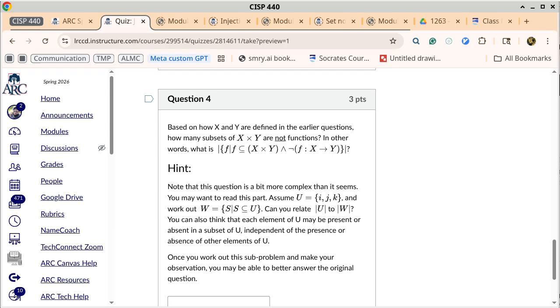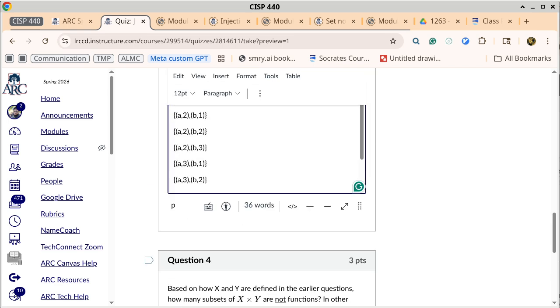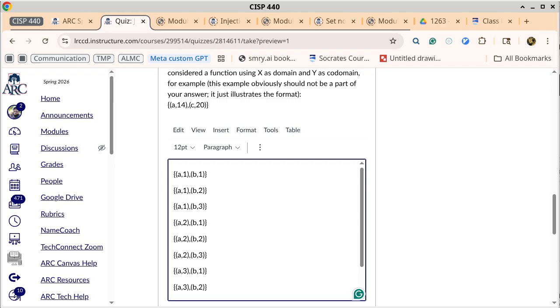In other words, what is the cardinality of a set that we are creating in which every element is an f, such that f is a subset of the Cartesian product between x and y, and it is not the case that f is a function from x to y. So that's basically the same thing as what the English is describing.